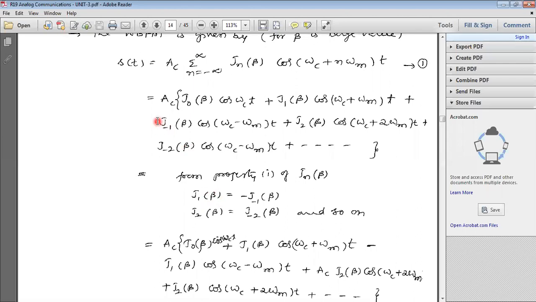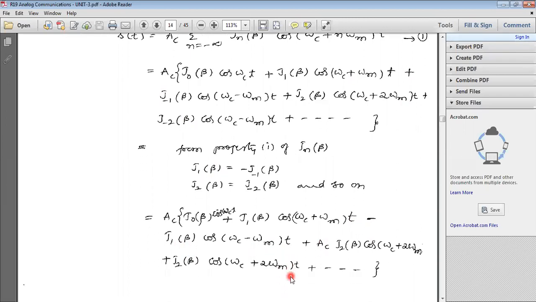So therefore it becomes minus J1(beta) cos(omega c minus omega m) t. Similarly, for even numbers there is no sign change. According to property 1, for even values of n there is no sign change.